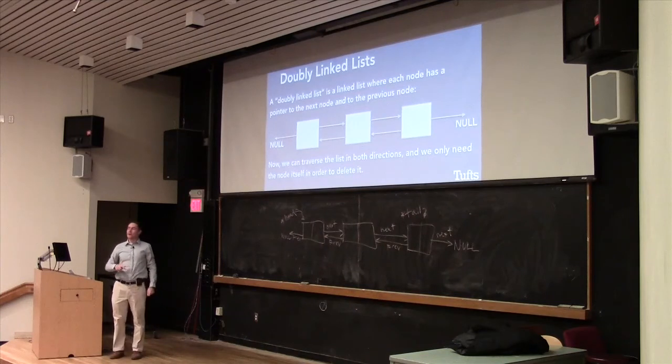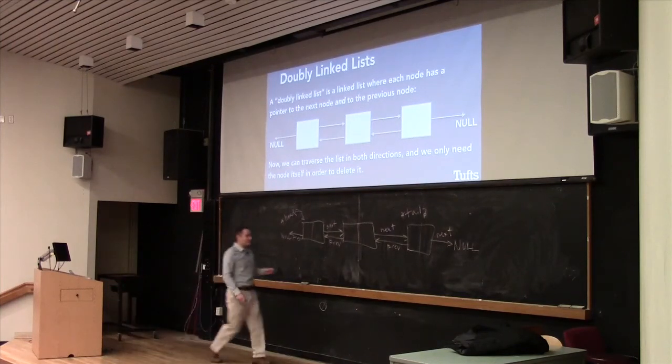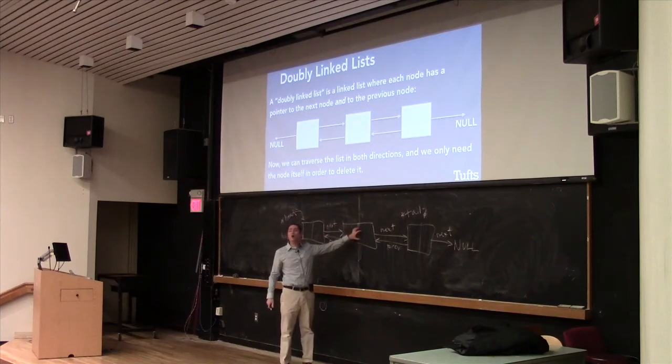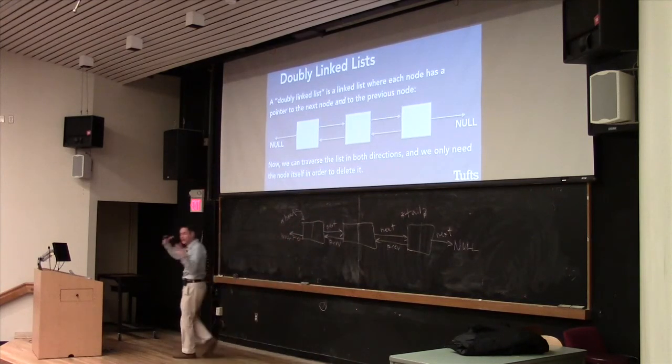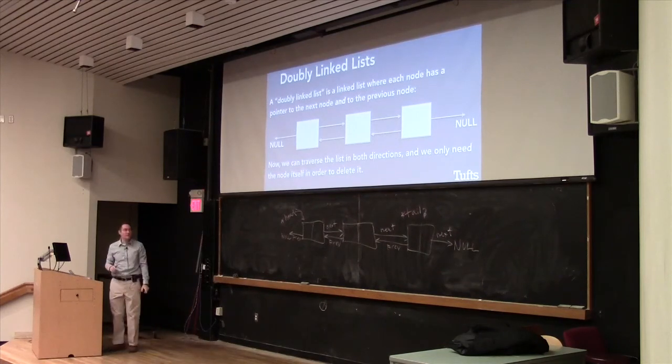Now we're going to be able to write a little code that doesn't worry about needing to know the previous node, because we can go to this node and we can know what the next one and what the previous one is, and so we can deal with that then. We can go in both directions and find things out. So it makes things a little bit easier. It makes things a little bit harder in the sense that you have to take care of both the next and the previous pointer.